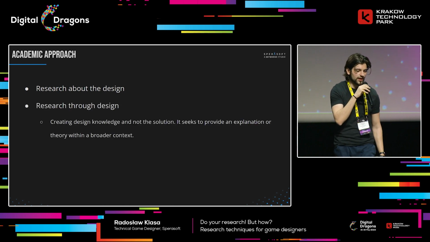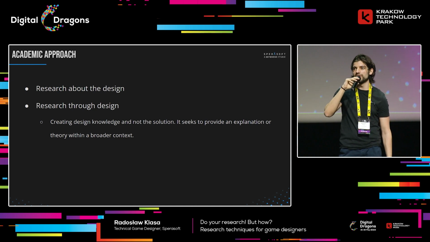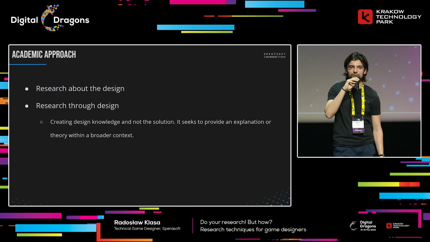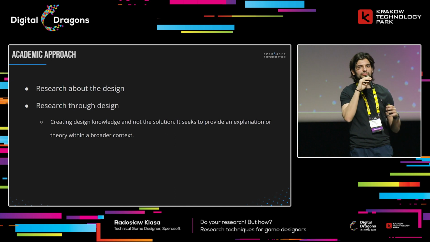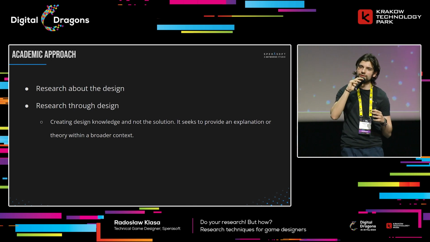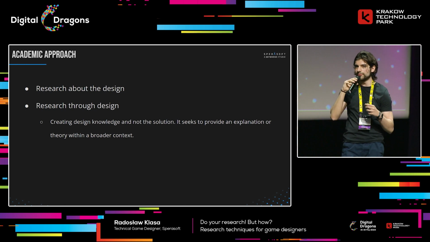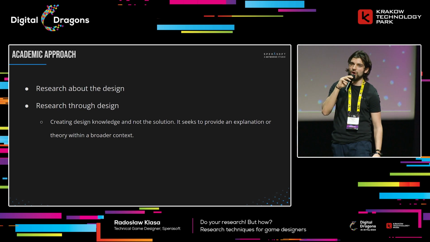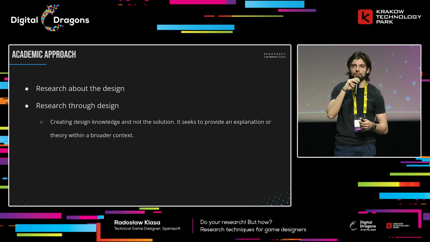The second is research through design. It's the way they're approaching different terms, like MDA, which is mechanics, dynamics, aesthetics, and other really theoretical stuff that is not often used by us in practical game development. But some of those are pretty useful for us for getting a common vocabulary.